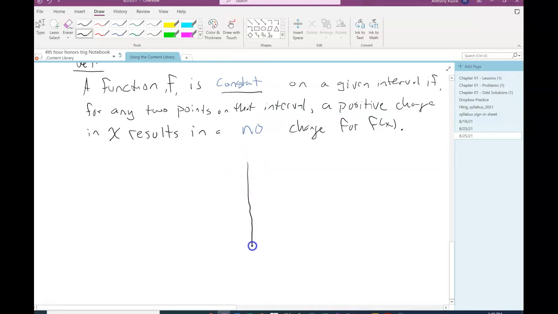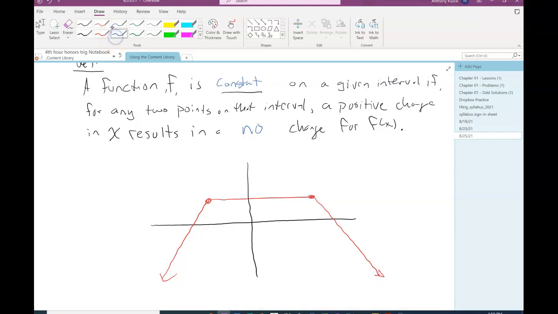So let's just look at an example here. So let's say that we have a graph that, say, looks like this. So the way that I would think about increasing and decreasing is I would say, okay, I'm going to think about, I have like a little person and they're walking along the graph from the left side to the right side.